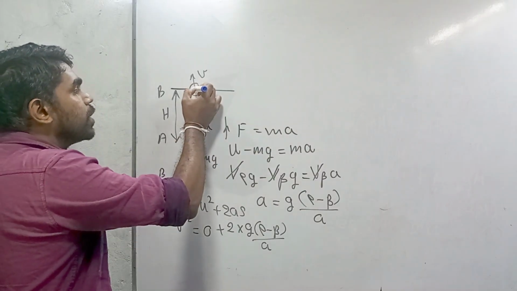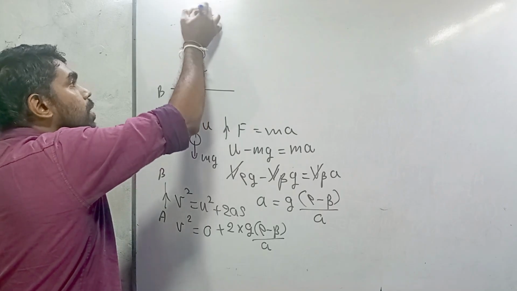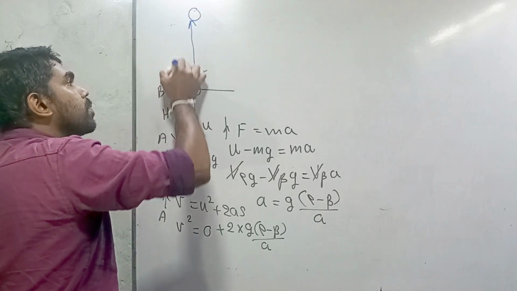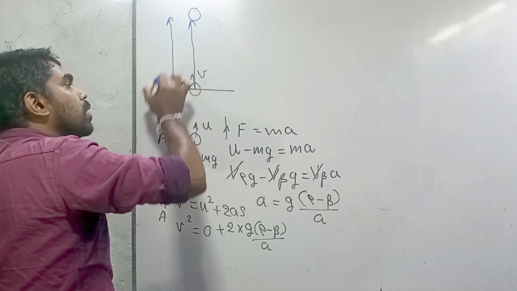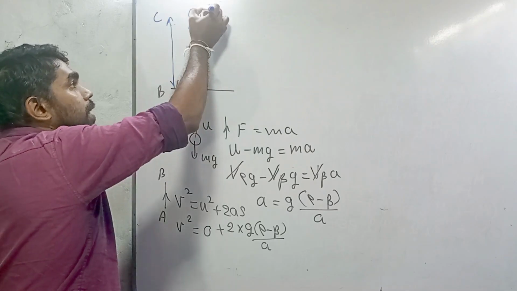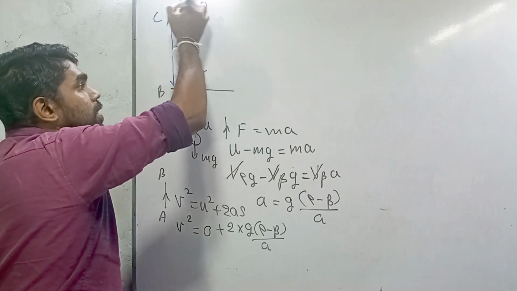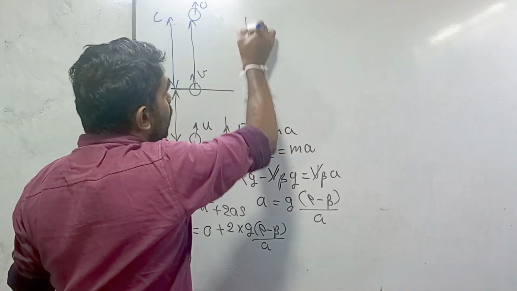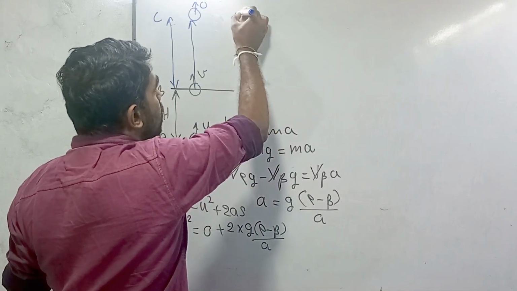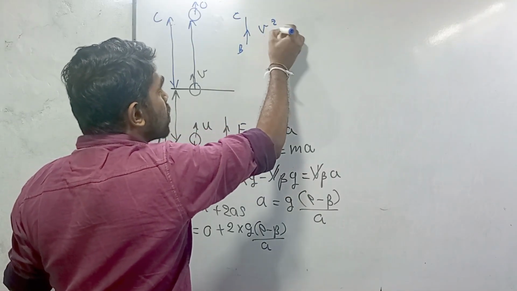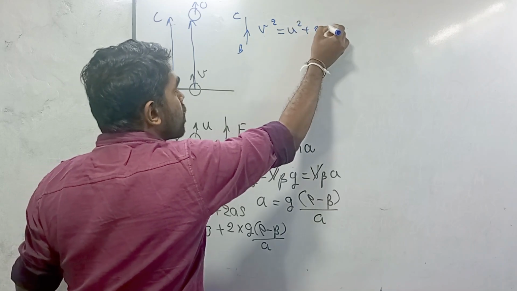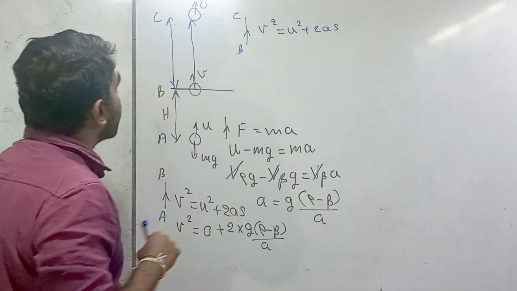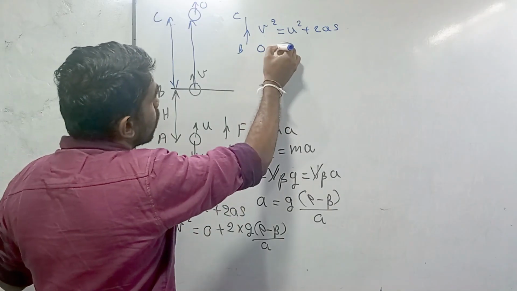we can use an equation for B to C motion. B to C means motion under gravity. Velocity at this place is 0. Then I will use the same equation for B to C: v squared equals u squared plus 2as. v squared is the square of final velocity, 0.